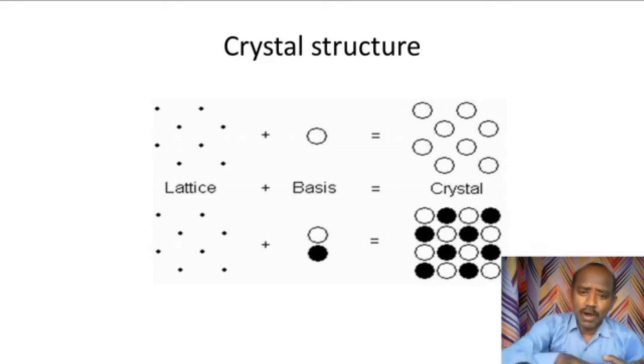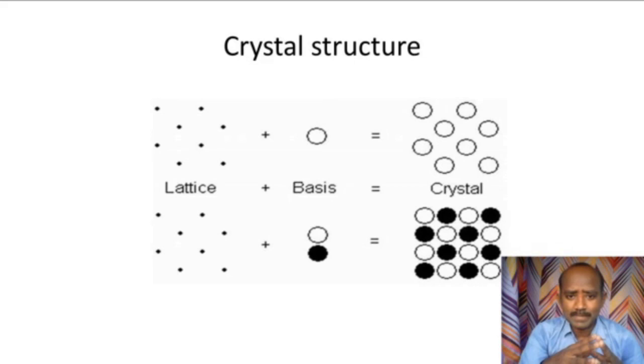Then it forms a crystal structure like this. The crystal structure is real, the lattice point is imaginary, and the basis is real. But to form the crystal structure, the lattice and the basis are both very important.